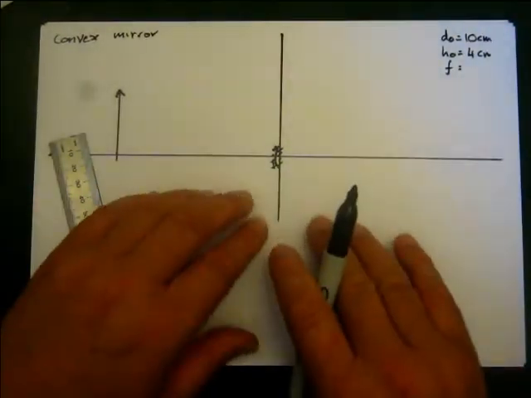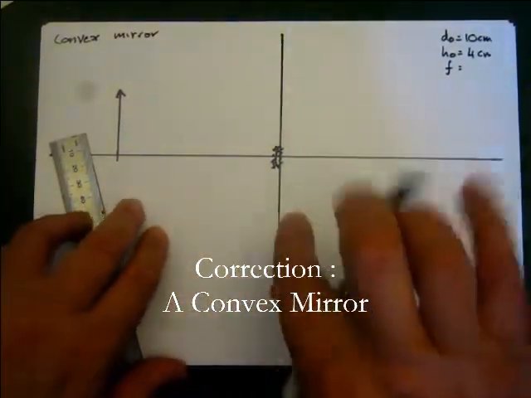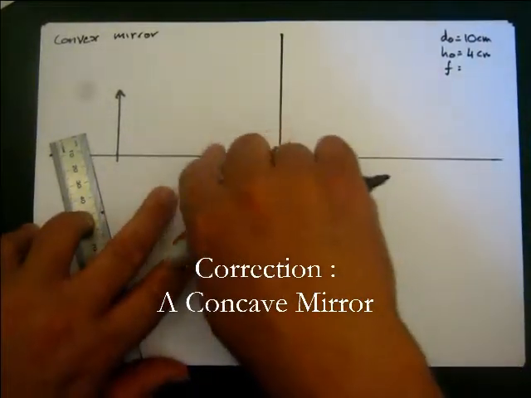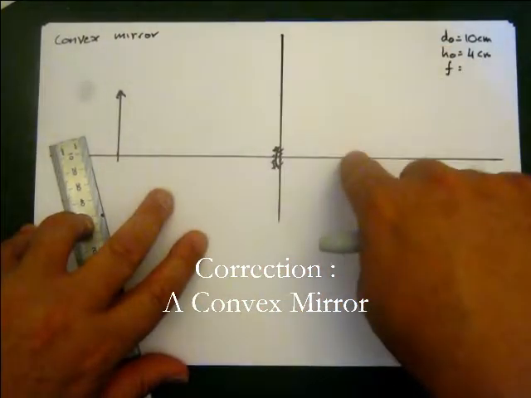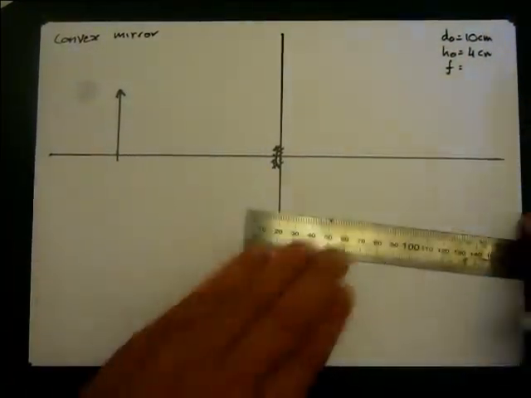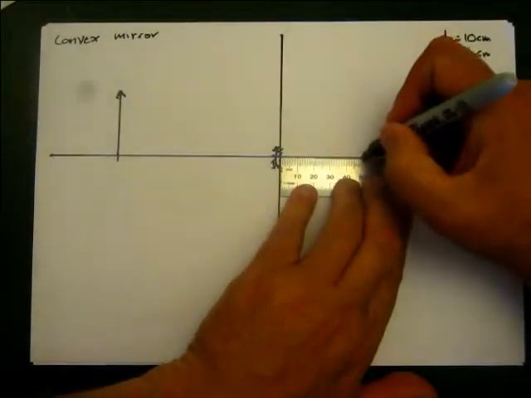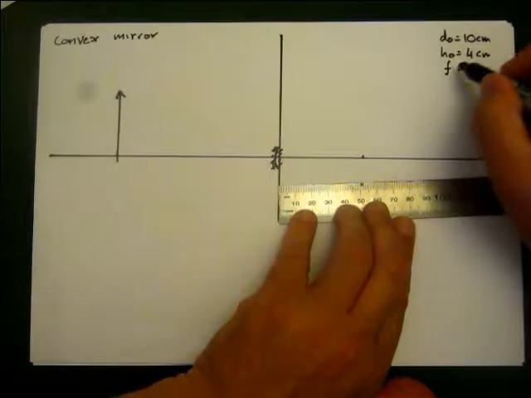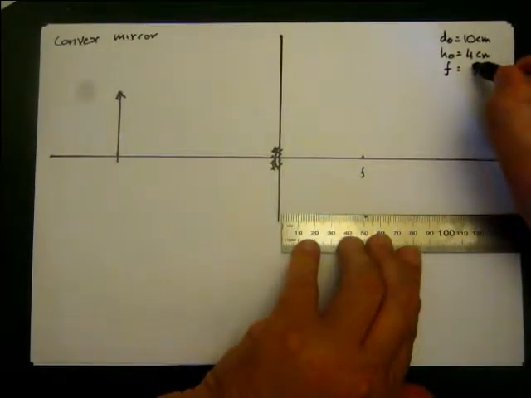But the difference between a concave lens and a convex lens is, for a concave lens we put the focal point on the side, for a convex lens, it goes on this side. So if I'm going to put the focal length in for a convex lens, it will go here. So F is equal to 5 centimetres.